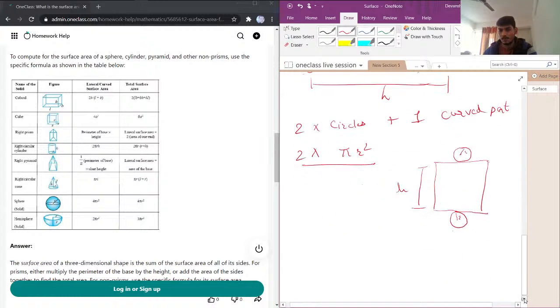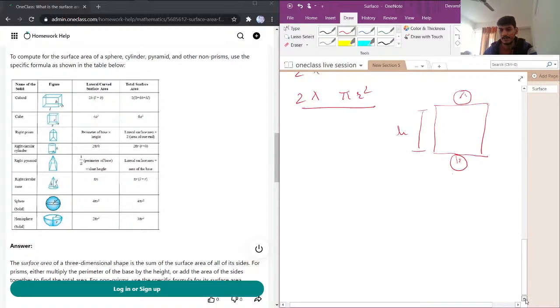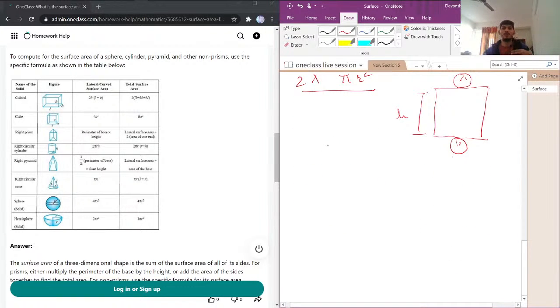So when I open a cylinder, the curved surface will look like a rectangle. The height of the rectangle is the height of the cylinder, but the length will be equal to the circumference of the circle. So if I cut from here, the length is the circumference or perimeter of the circle.